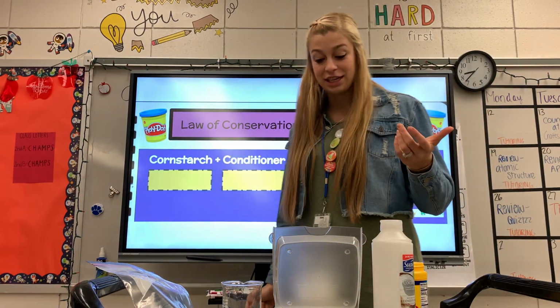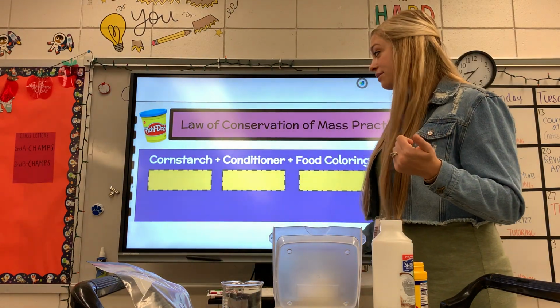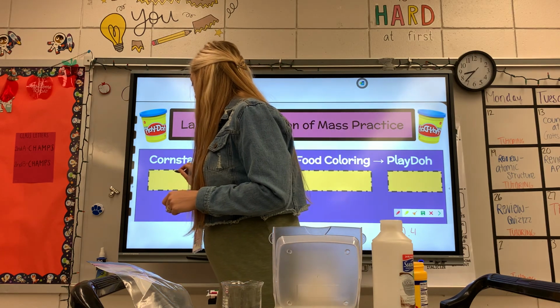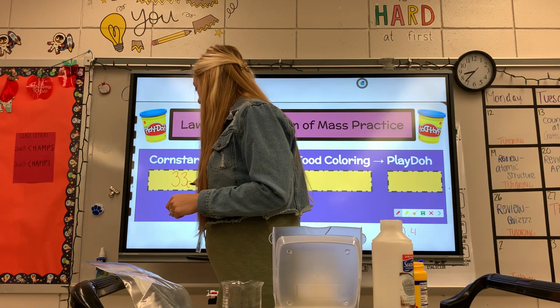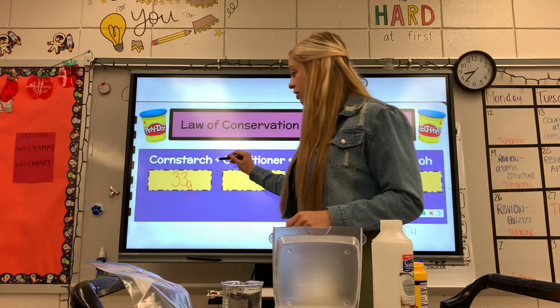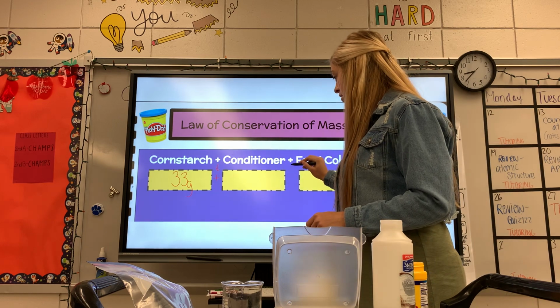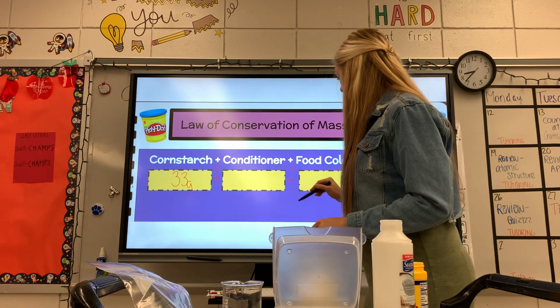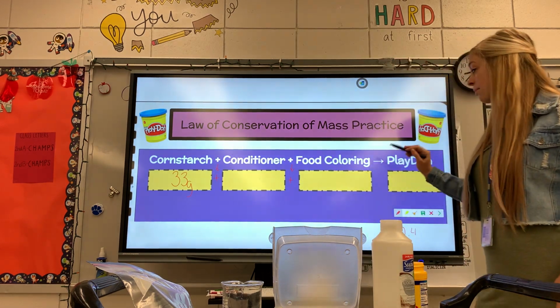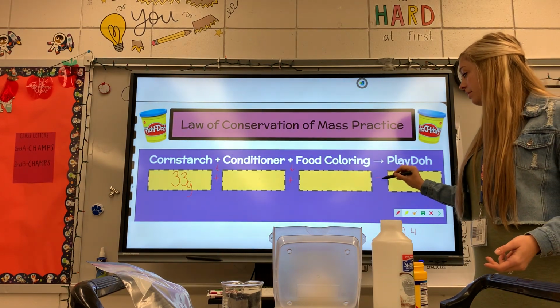Our mass does not have a decimal right now. So, I was really lucky. Our mass of cornstarch is 33 grams. And I'm going to go ahead and drop my plus signs so that this looks like an equation I can solve. And remember, I'm going to change my yields, or my arrow, to an equal sign.